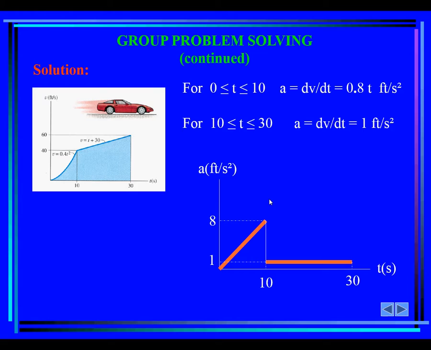If you make a plot, you could see that the acceleration was changing from time 0 up to here, and then it transitioned to a constant acceleration. That's what these two conclusions mean.